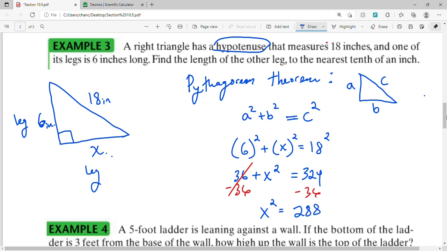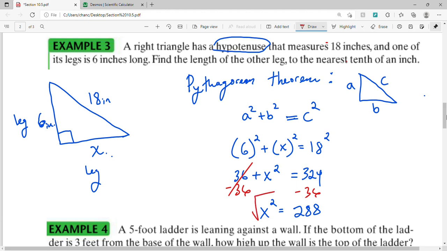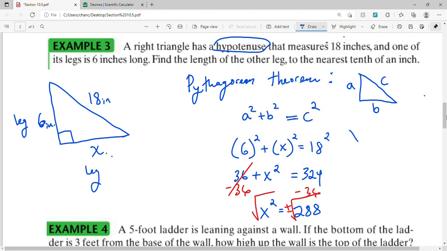Now, how do we solve for x? We're going to take the square root of both sides. Don't forget that plus or minus. And so this gives us two possibilities. We have x is equal to plus or minus the square root of 288.